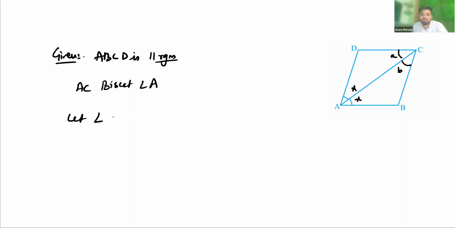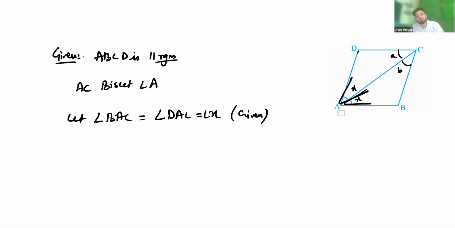Let angle BAC equal angle DAC equal to X. It is being given to you that it is bisecting, so this angle is equal to this angle. Got it?